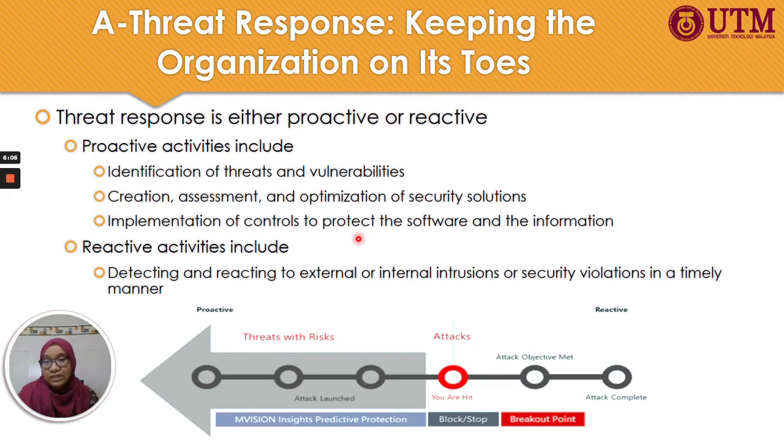The keyword here is to protect. If you have reactive response or activities, it means that you need to detect quickly and react in the best manner to control the damage. And the most important thing is timeliness. So this is the keyword.